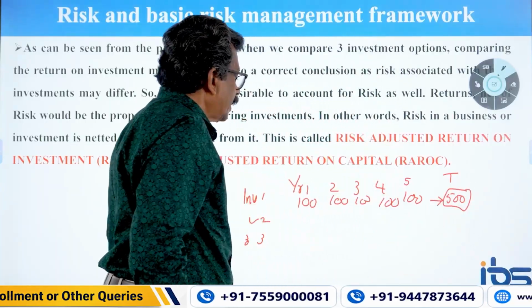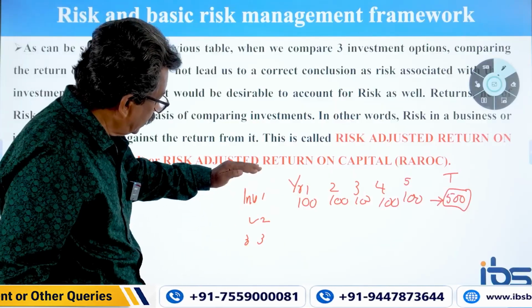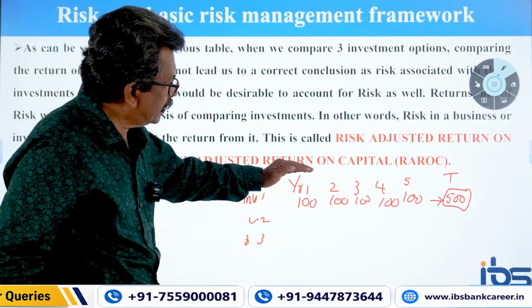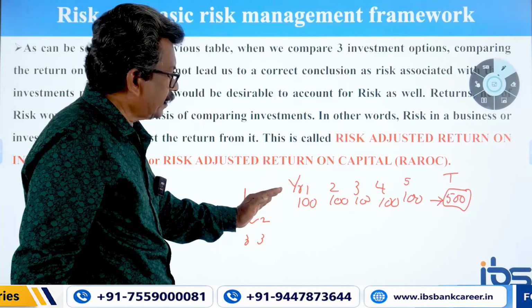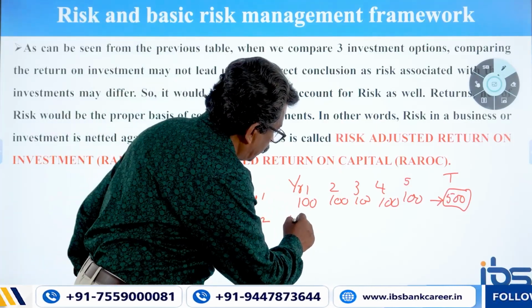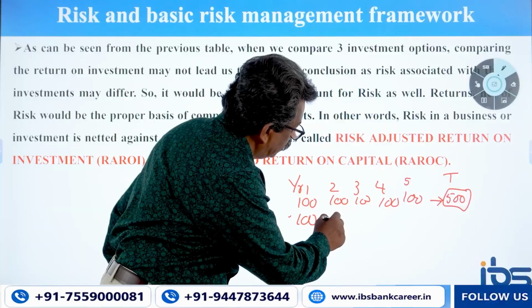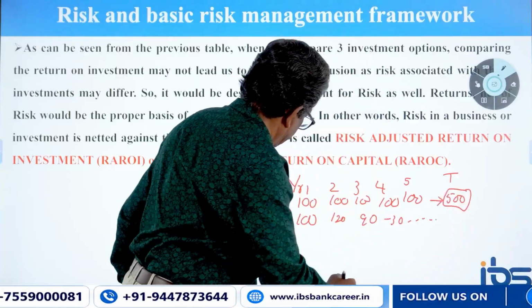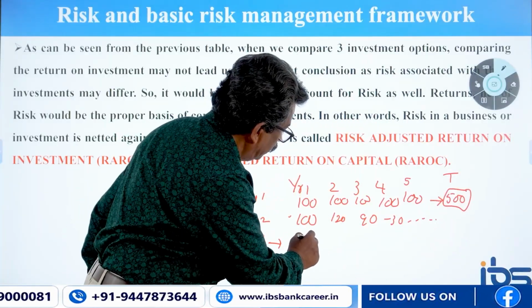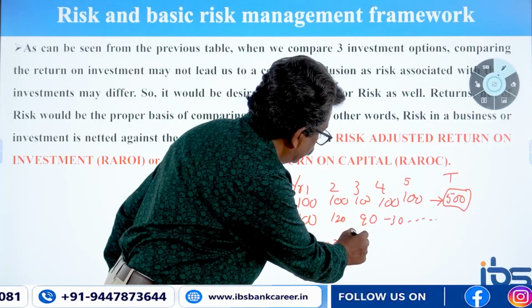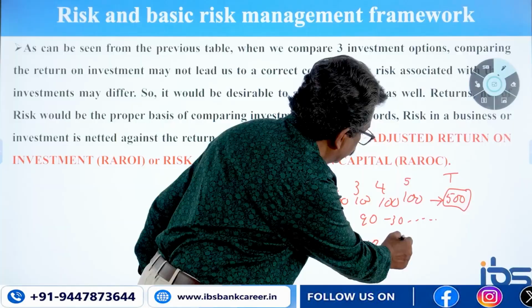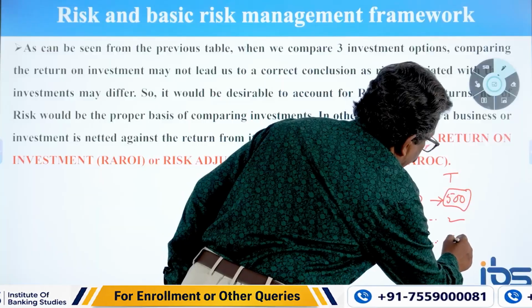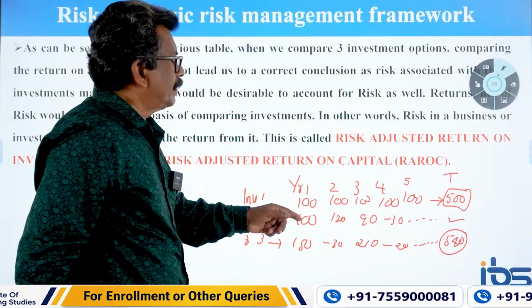Here we were comparing the return of each investment, only the net profit we derived, the net cash flow which we got as income. In the second, 100, then 120, then 90, then a loss of 30, like that it was going. In the third, we were getting 150, then minus 30, then 210, then minus 20, like that it was going on. So he got the same 500 in the first two, and here he got 540. We have been discussing this example earlier.